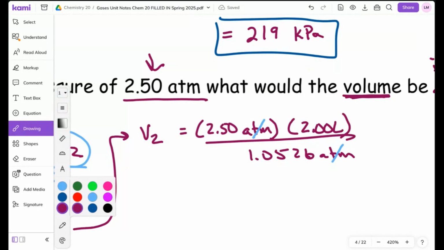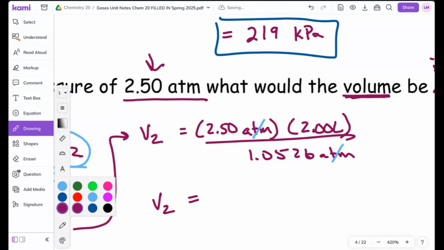And now we know V2 is going to be in liters. Also, because the question didn't specify that it wanted V2 in a certain unit, like milliliters specifically, that means liters is fair game to write your answer for V2.